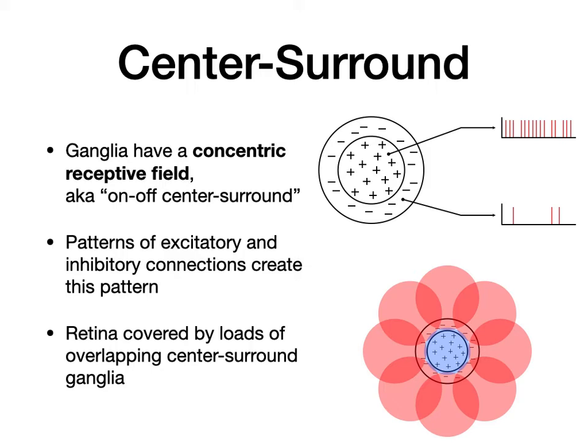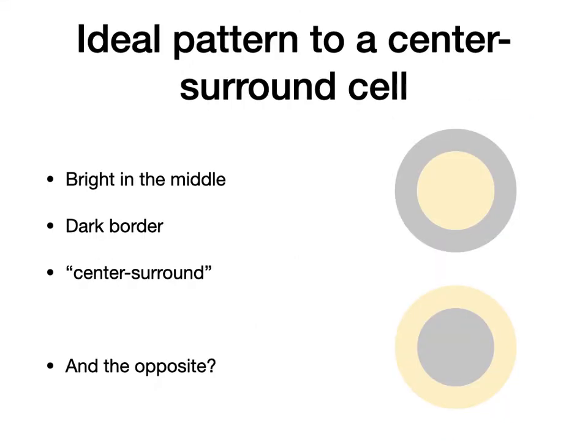When I have negative weights on the outside and positive weights in the middle, that means I'm very excited by things like bright circles in the middle with dark borders around them, and very not excited by the opposite of that: a bright light on the surround and then a dark shade in the middle.